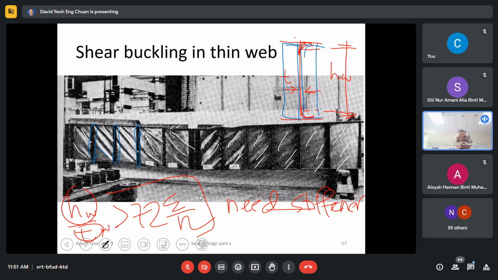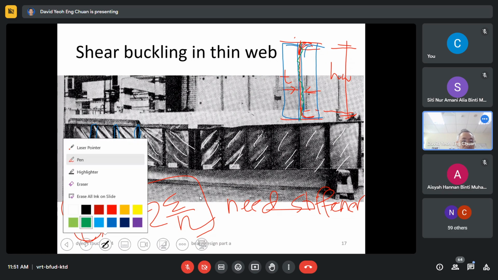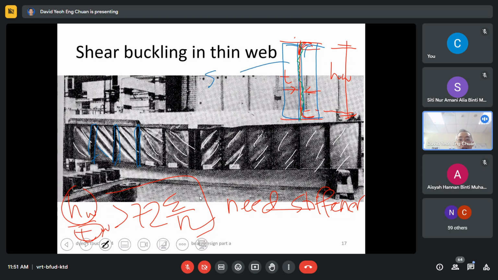Therefore we need to strengthen the web so that it doesn't go like this. So if you put the left and the right with the blue, that's called the stiffener. This is a stiffener. Then the green effect will not happen. The folding effect will not happen.